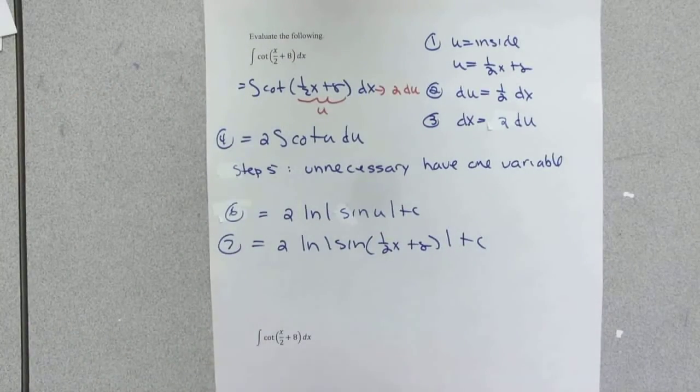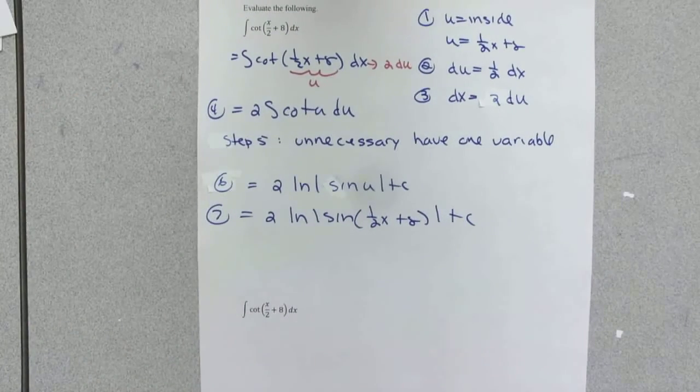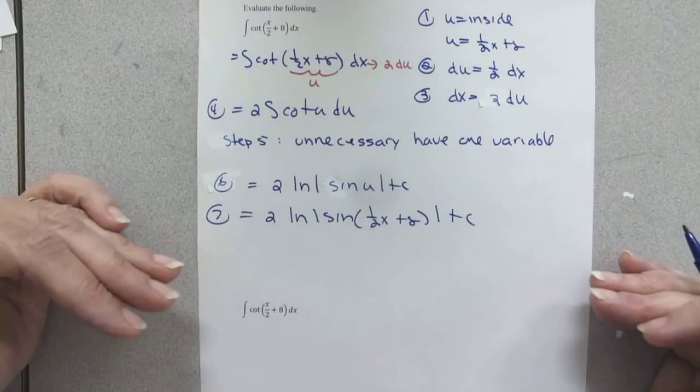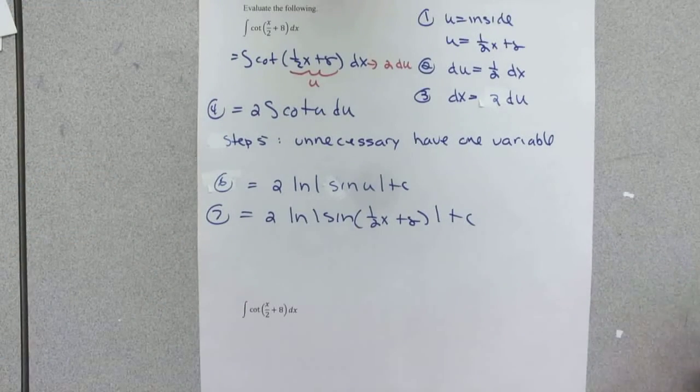And then we haven't said it for a while, but you could check that by differentiation, and it would check back. And so absolutely, you can do it with a u substitution.